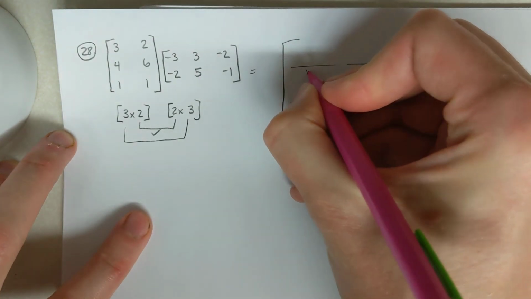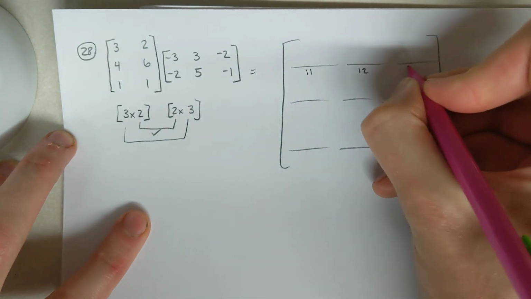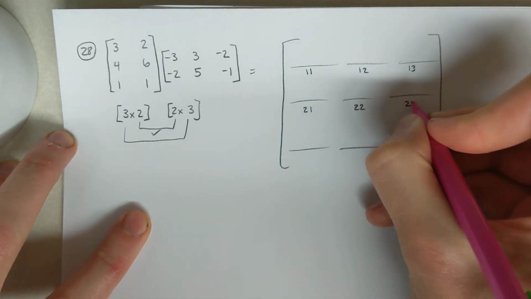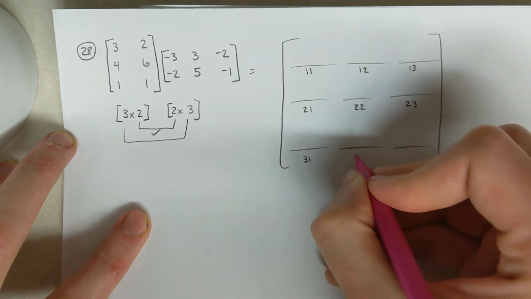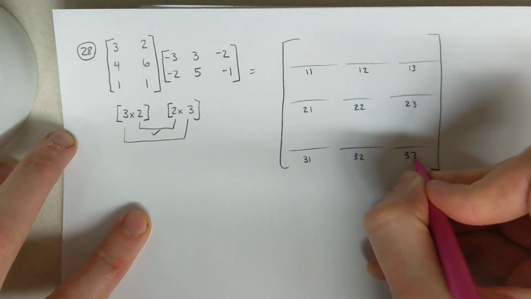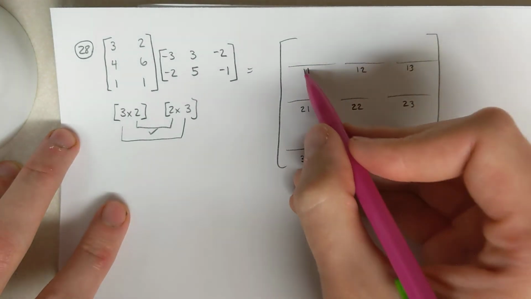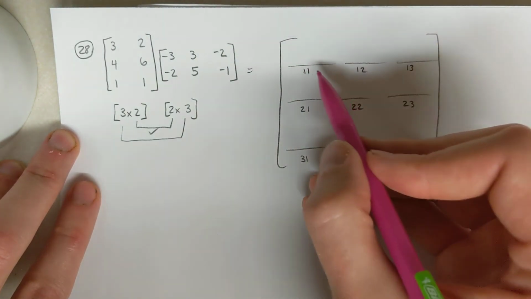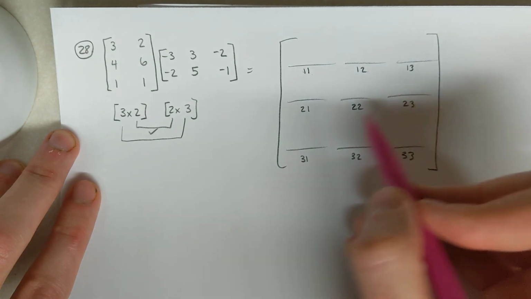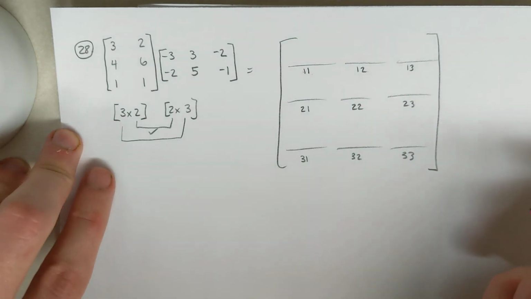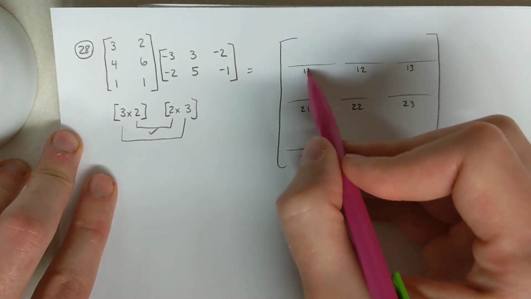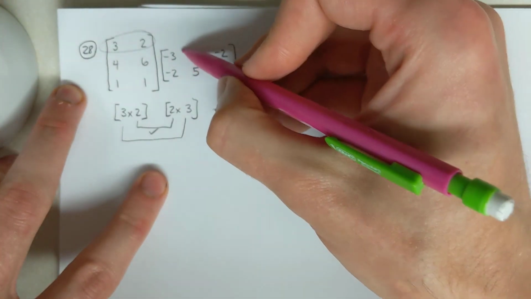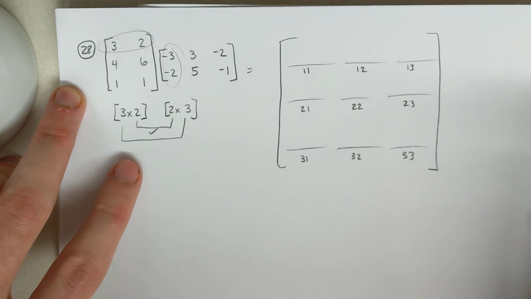This is element 1, 1, 1, 2, 1, 3, 2, 1, 2, 2, 2, 3, 3, 1, 3, 2, 3, 3. So first row, first column, first row, second column, etc., etc. And the actual element number tells you what to multiply to find it. So to find element 1, 1, we multiply the first row and the first column together.